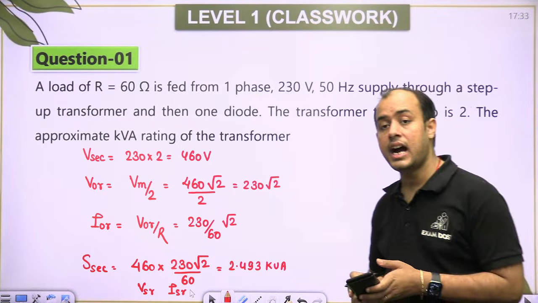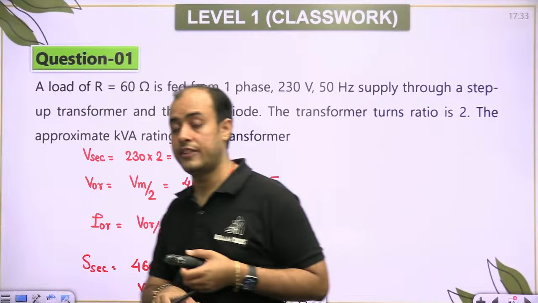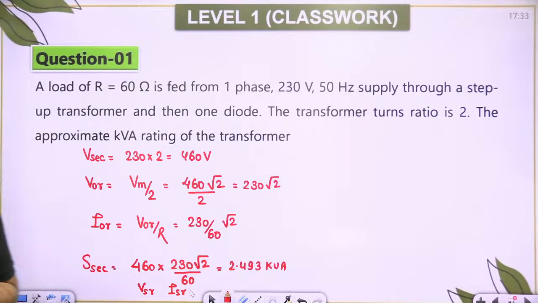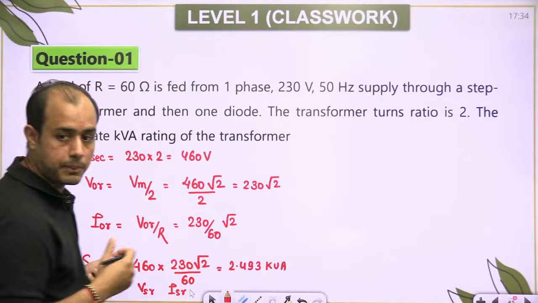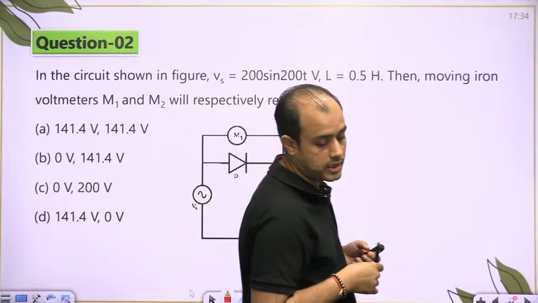So supply RMS current in a half wave rectifier is same as the output RMS. सप्लाई और आउटपुट का RMS सेम होता है.